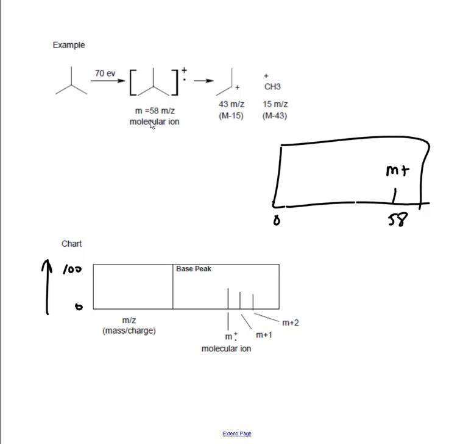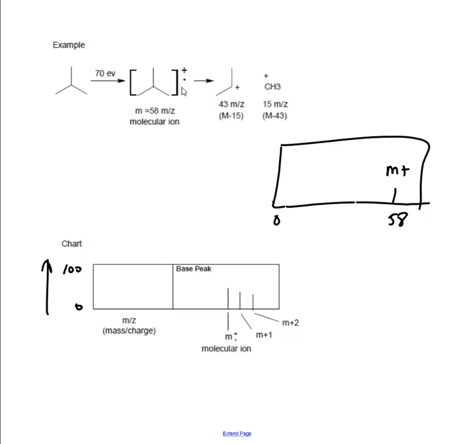I could break here. Actually, in this case, I made it symmetrical, so there's really one way. If I break here, here, or there, it's the same thing. They're all methyls, right? If I break here, then this carbon could be either a cation or a radical. This could be a cation or a radical. Remember that our detector only cares about cations, so that's why I'm showing you the cations here.